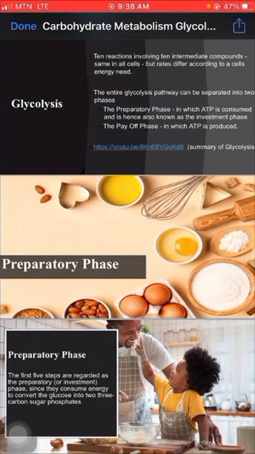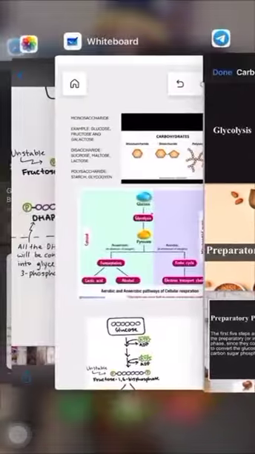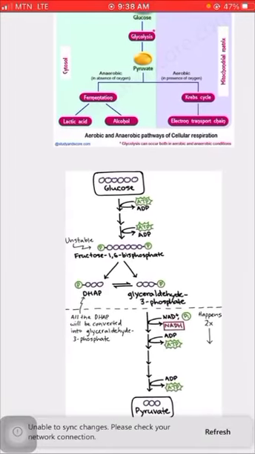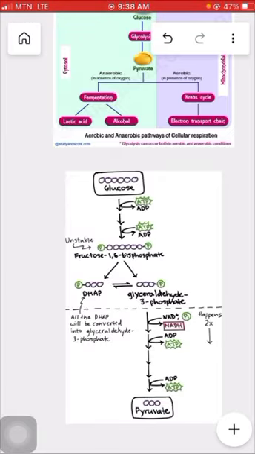In the preparatory phase, the glucose is being prepared.